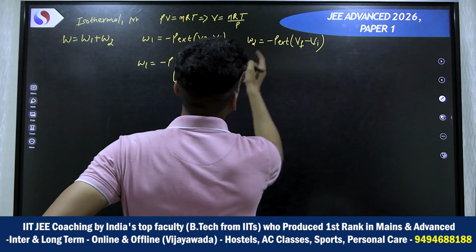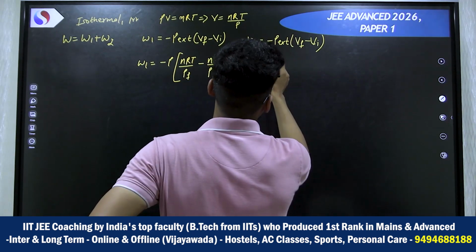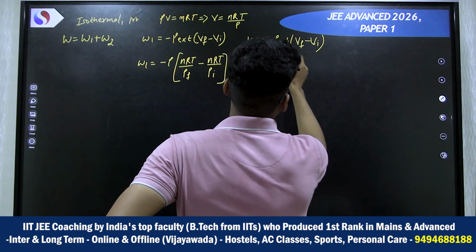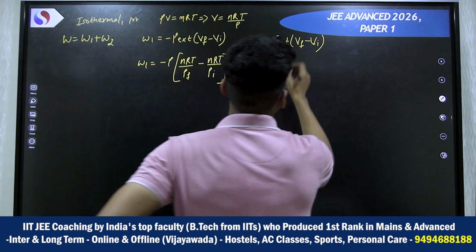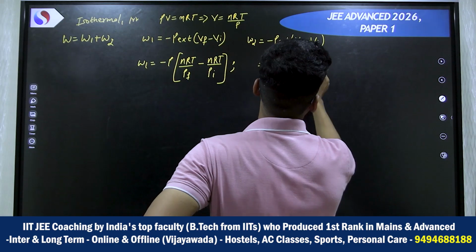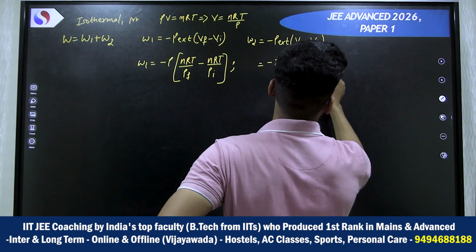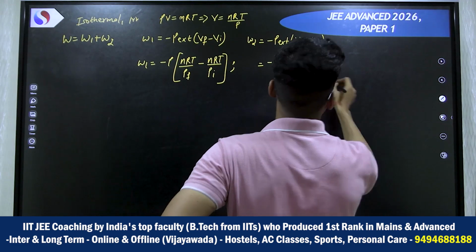Similarly, we can calculate in this case. P external in this case is given as 8. So V final means nRT divided by P final, minus nRT divided by P initial.